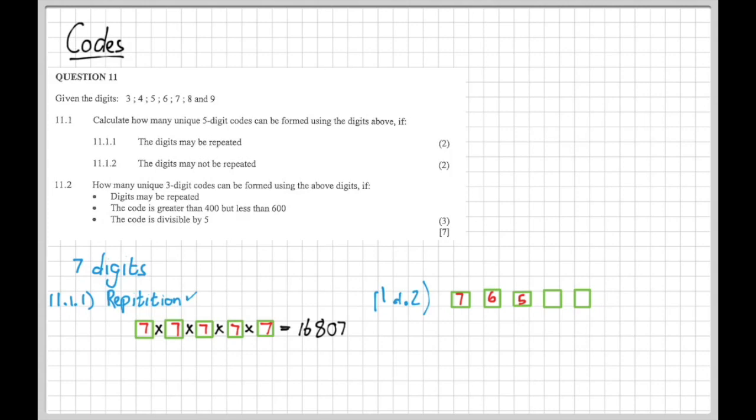Because I've already chosen one of the digits. I may not use it again. Now there's 6 digits left. Then there's going to be 5 digits left. Then there's going to be 4 digits. And for the last one, there's going to be 3. Again, because we say there's a choice between number 1 and 2 and 3 and 4 and 5, we use multiply, which means our answer is 2,520. Quite a few less than where repetition was allowed.